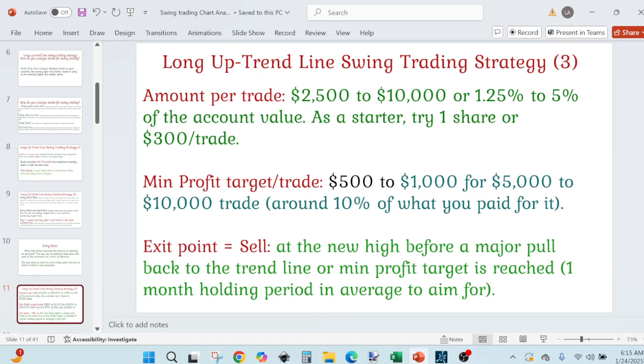For instance, I said $10,000 per trade, but I didn't feel comfortable spending $10,000 per trade. Although I did that for some, I decided to do $5,000, and later I decided that even for some I might just do $2,500. So just go with the number. That way I won't run out of funds too quickly in the account.